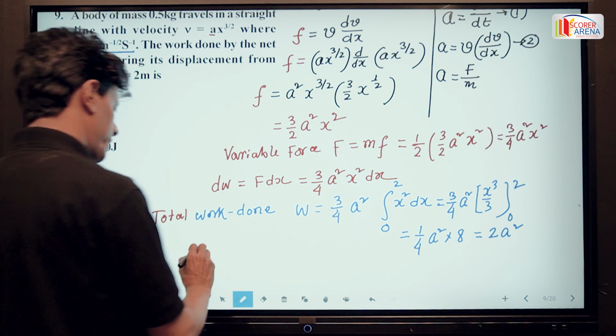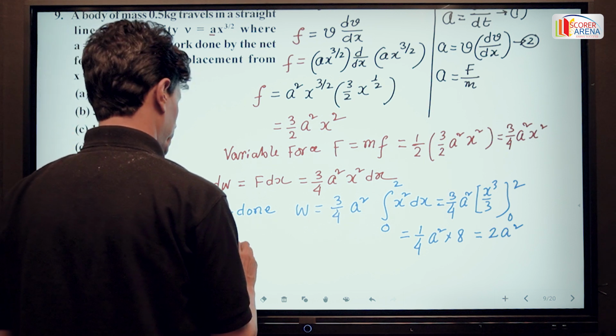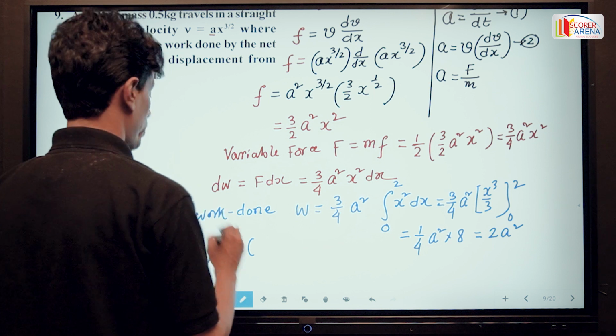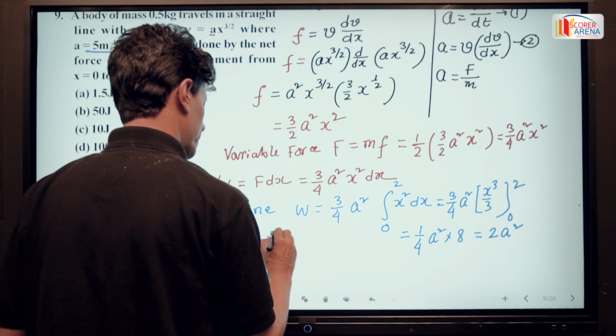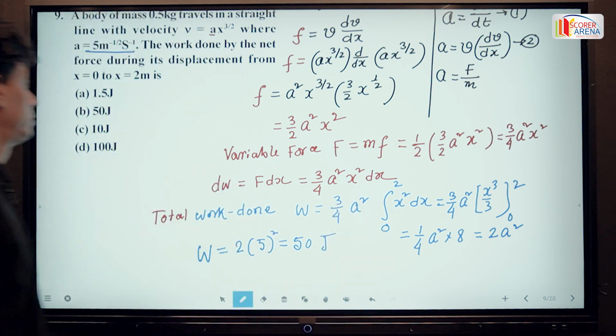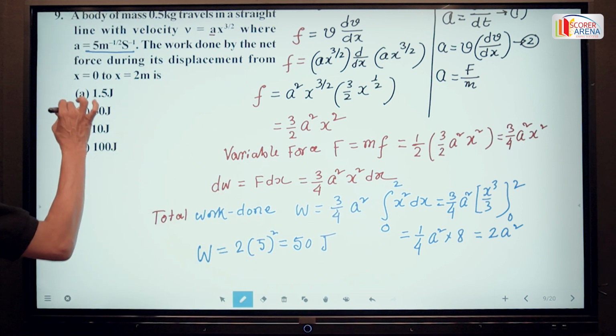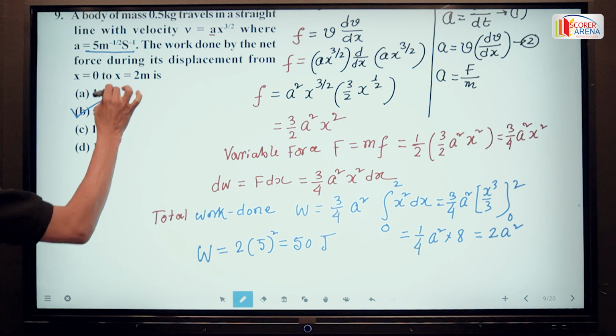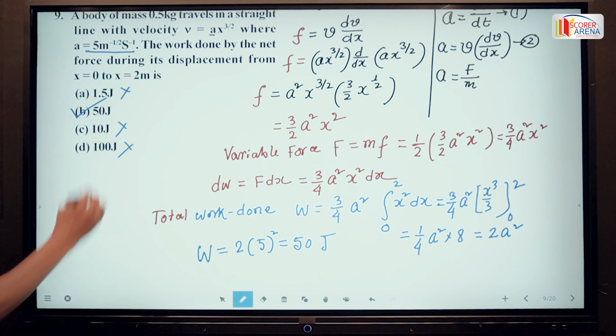So therefore work done is equal to 2 into a square, that is 5 square, so work done is 50 joule. So the right option here is B. Option A, option C, option D are wrong answers.